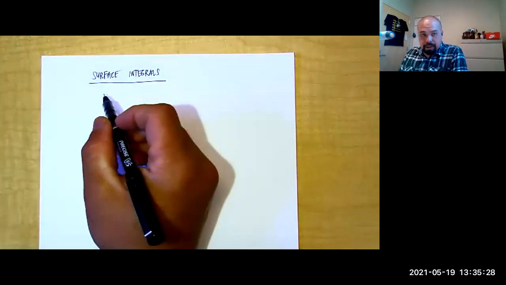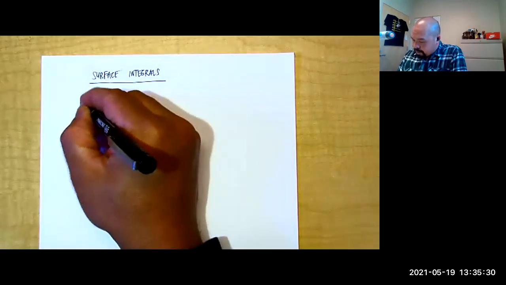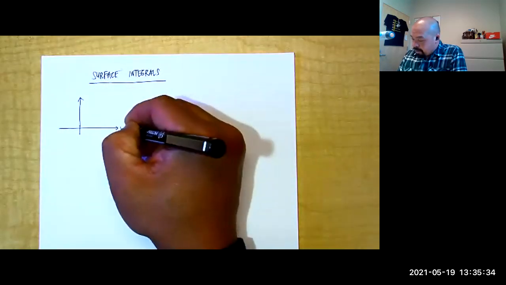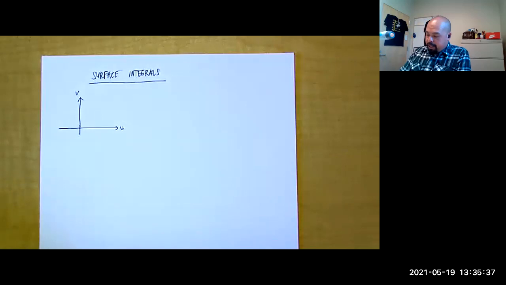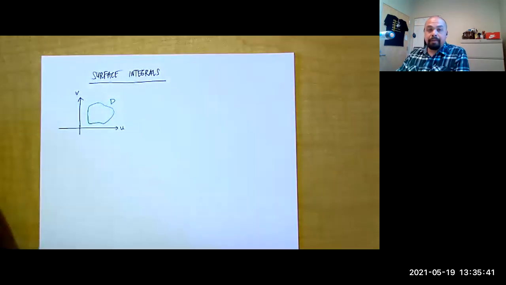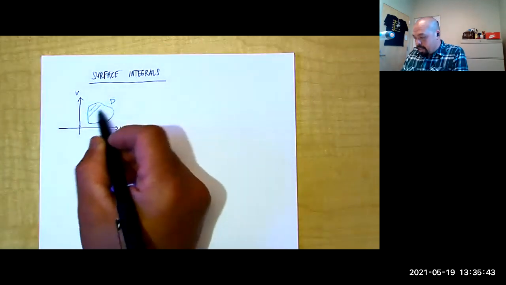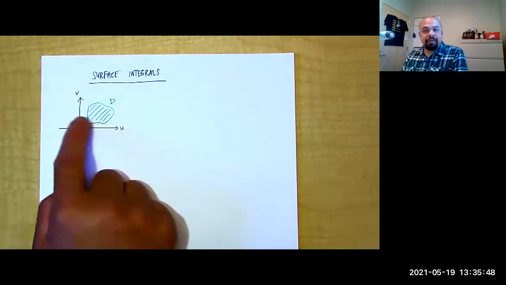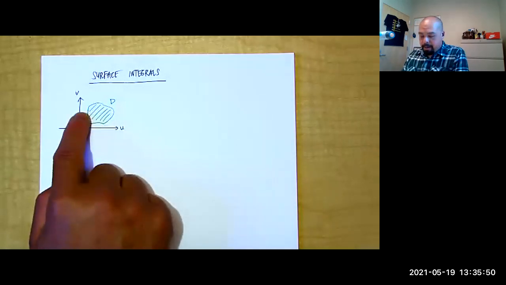So now with surface integrals, what we're going to do is, again, start off with some region, whatever that might be, in our domain space with our two parameters, u and v. It could be x and y, right?